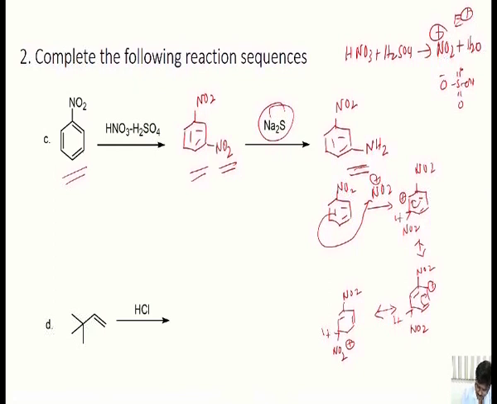You have the electron withdrawing group, and if the nitration takes place at this position, you will be able to have this following resonance structure. Once you have this one, now this can react to give you the nitration product.